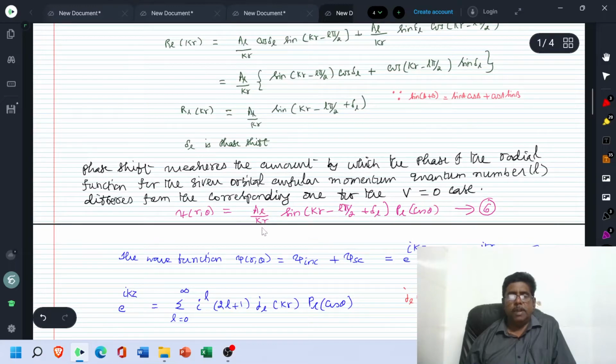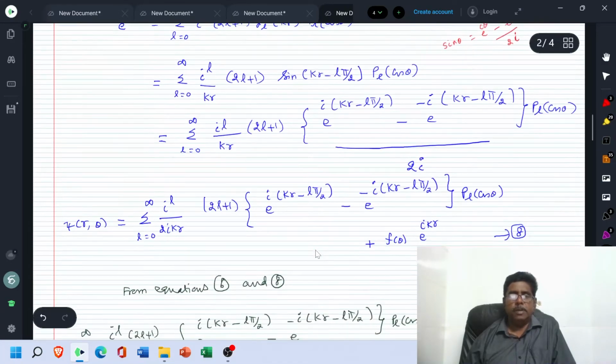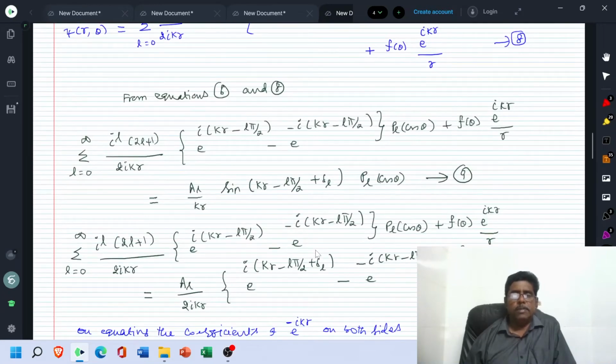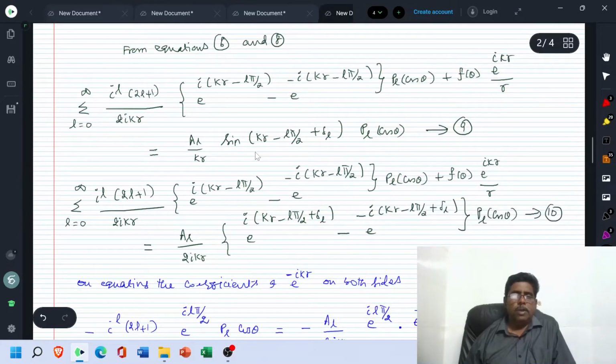Right hand side is A_L by kr sin(kr − Lπ/2 + δ_L) into P_L(cos θ). Now expand this in terms of e^(iθ) minus e^(−iθ) whole divided by 2i formula. So these terms are present as such, e^(i(kr − Lπ/2)). These are all present as such, P_L(cos θ), f(θ), all are given.